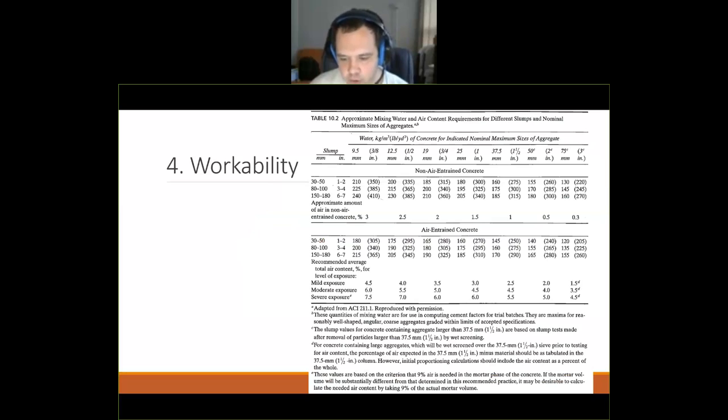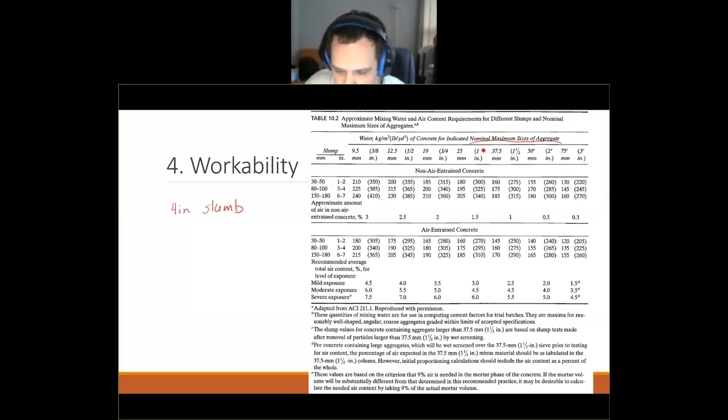The first selection we need to do is approximate our mix design water. We had said that we needed a 4-inch slump as a target, and then we look at our nominal maximum aggregate size.